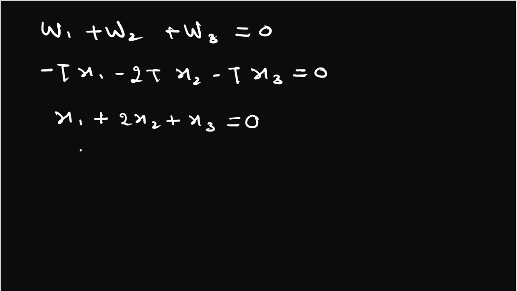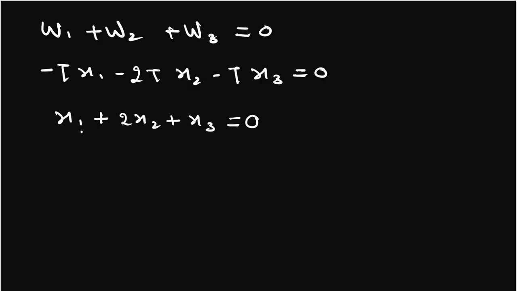So this is a relation between the displacements of all three blocks. If block 1 displaces downward by x1, block 2 by x2, and block 3 by x3, then x1 plus 2x2 plus x3 will be 0. If all three are displacing downward, meaning x1, x2, x3 are all positive, we cannot get 0; the sum of three positive numbers cannot be 0.